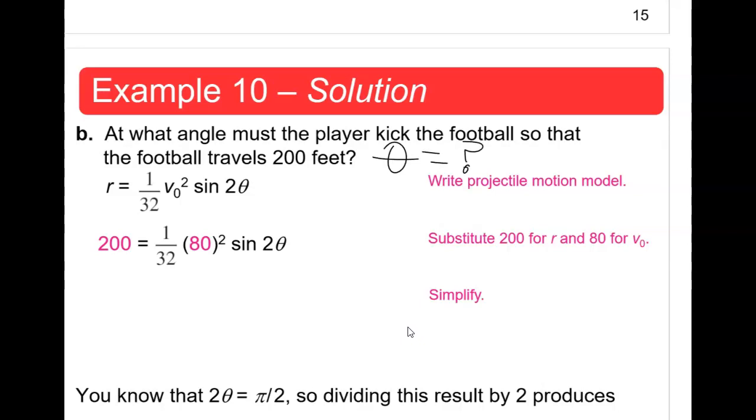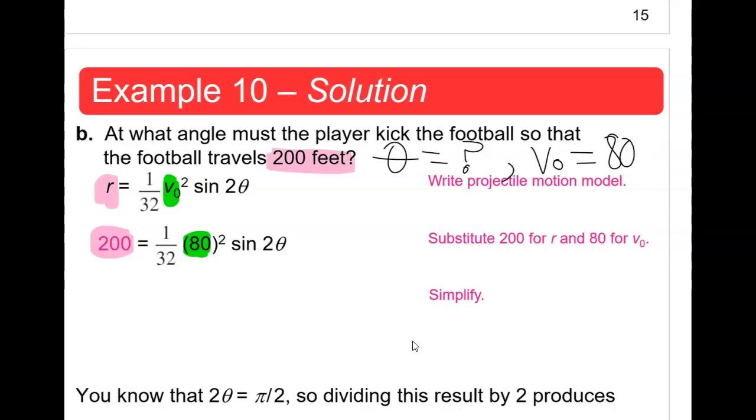And remember, we were given the initial velocity of 80 feet per second. And so the initial velocity is being substituted here. Then it's telling us that at what angle so that the horizontal distance is 200 feet. And so that is equal to r, remember, horizontal distance.